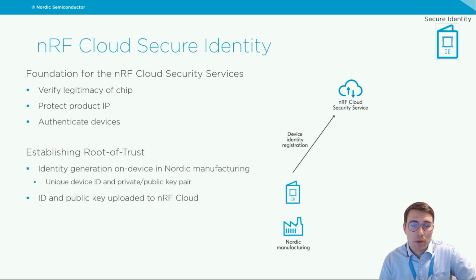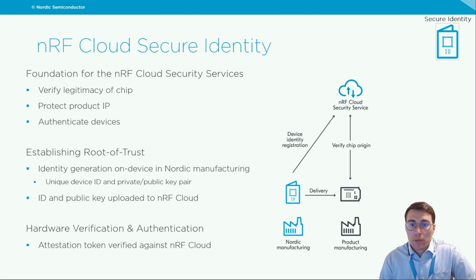And how we do this is that we establish a root of trust during our production. So in our Nordic manufacturing, we do identity generation on the device, which is a unique device ID with a private and public key pair. And also we upload the ID and a public key to nRF Cloud.